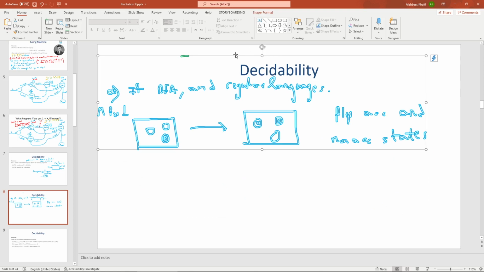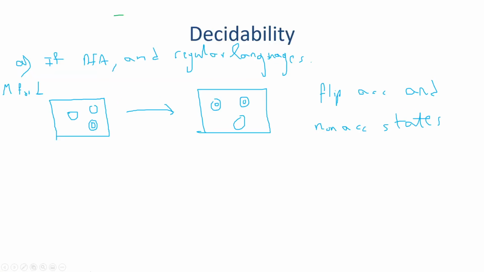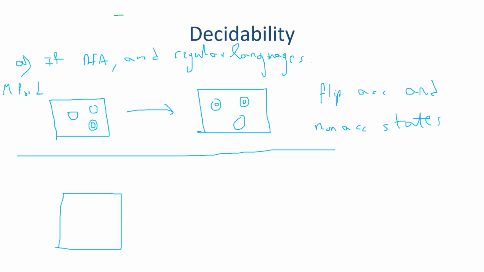It's very similar to this proof, but the difference is what? It's not only now non-accepting and accepting. Now what we have is something like this. We have accepting, we have rejecting, and we also have other states that are just going through the motions.